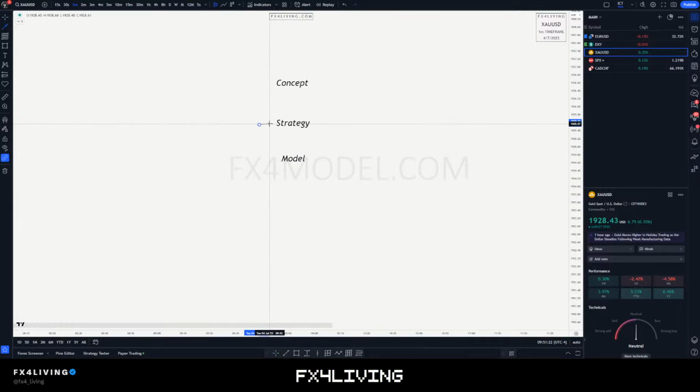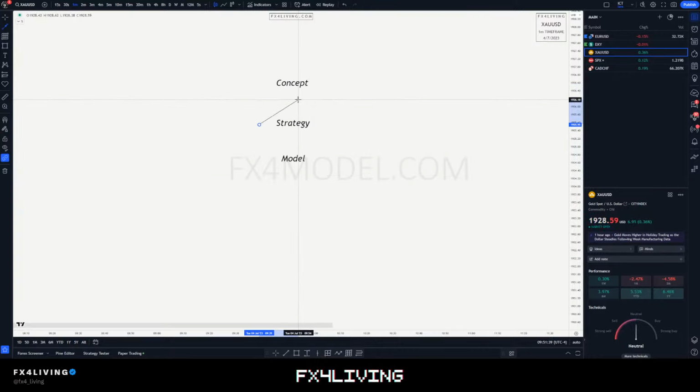I would say strategy and model are pretty much the same thing, but a model is just a pattern, a type of thing that you want to do at a certain time. A concept is something that you need to understand.